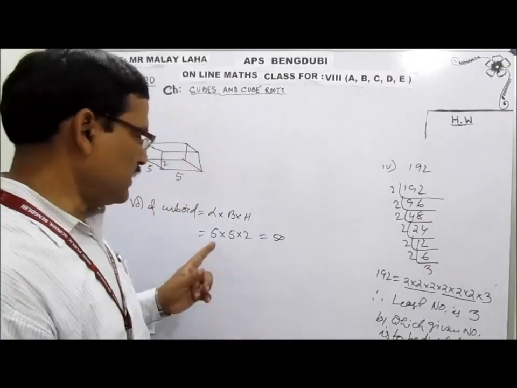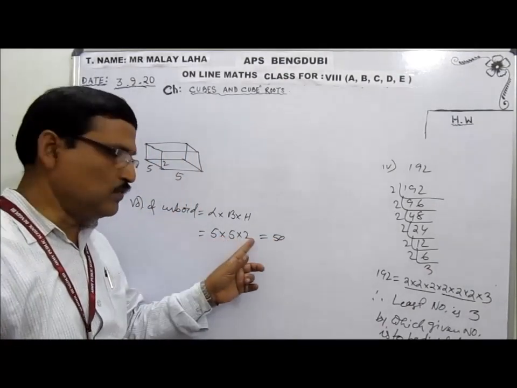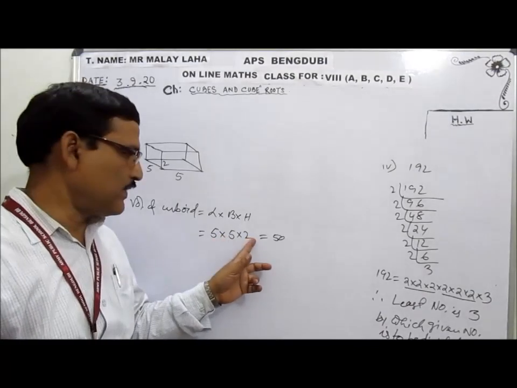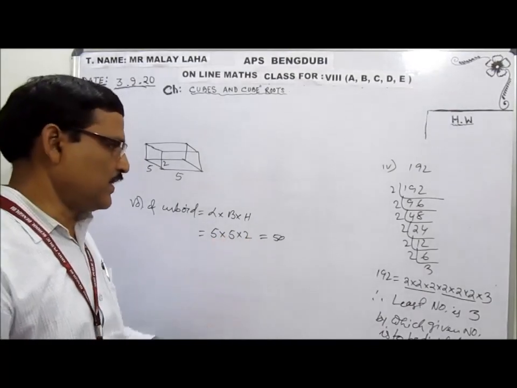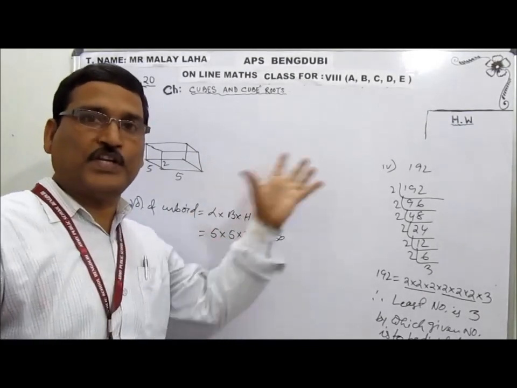So to make it a cube, I need one more 5 and two more 2s. Then total 5 into 4, 20. And that 20 will come from 20 cuboids.